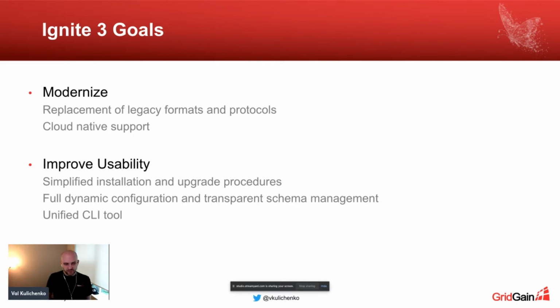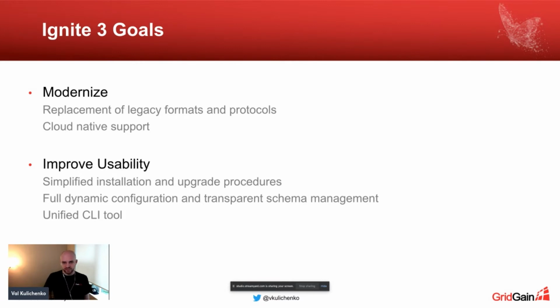Also introduce full dynamic configuration and transparent schema management. What that means is essentially making sure that configuration parameters and table schemas can be updated at runtime without a need to restart a node, without a need to restart a cluster, and also just provide better, unified APIs for all those procedures.